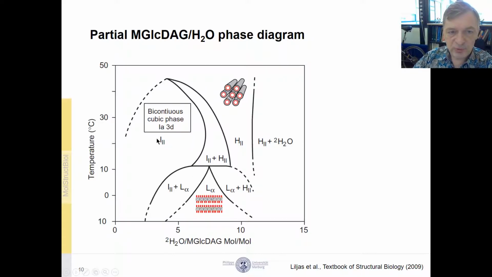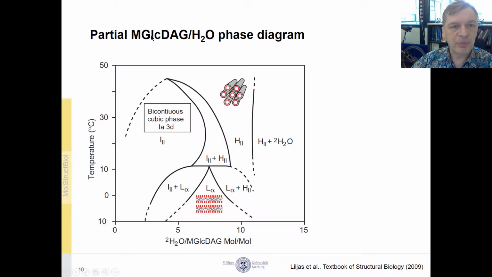And some of these cubic phases have a particular space group, here IA3D, so that is a kind of long-distance order these cubic lipid phases have, and some of these lipids can form them. Why are they so interesting for structural biology?